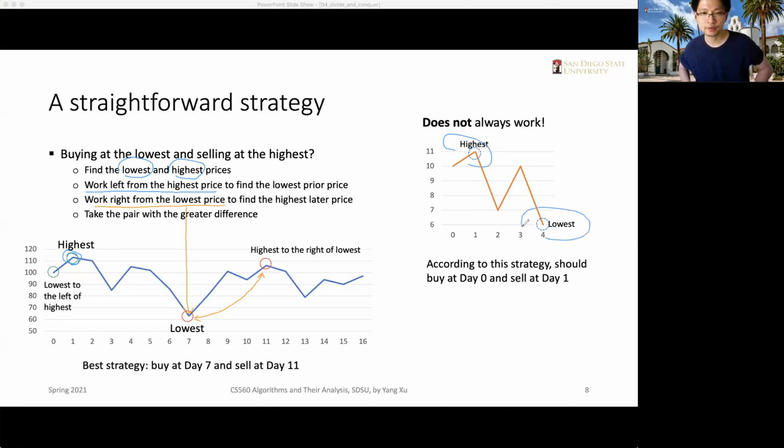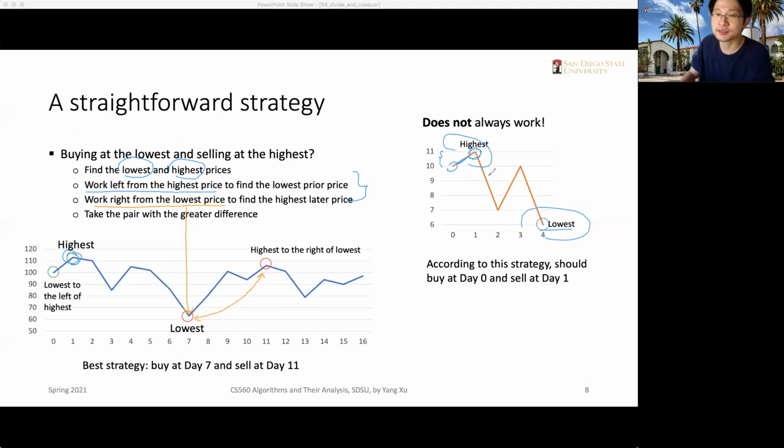So according to the strategy described by these two ways, we should either buy in at the lowest or sell out at the highest. Then we need to buy in at day 0 and sell out at day 1, right? Because if we buy in at day 4, there's no sellout date, right? And of course, it gives us such a gap.